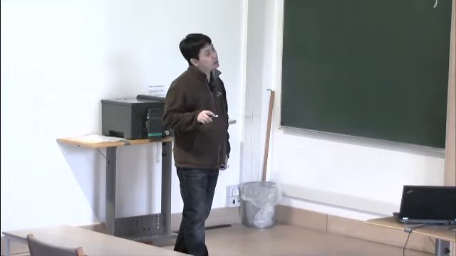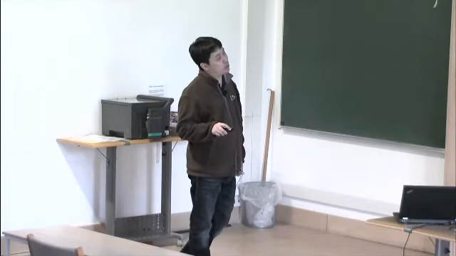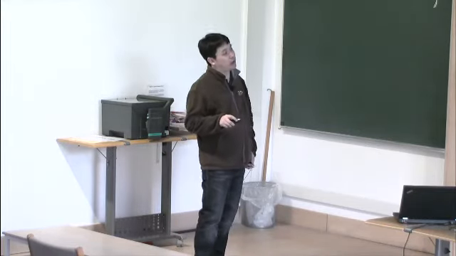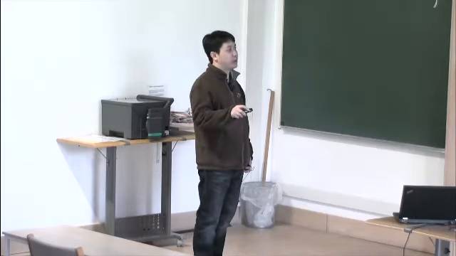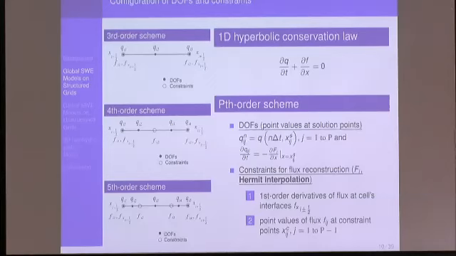So with these P plus 1 constraints, we can get a P-th order reconstruction polynomial for flux. Then we can update the degrees of freedom. So here, the flux reconstruction polynomial is a Hermite type interpolation.